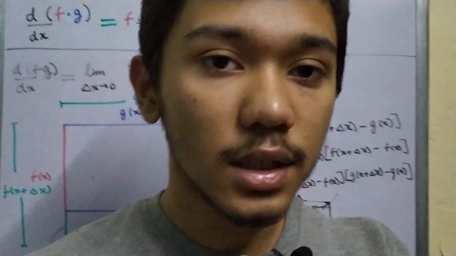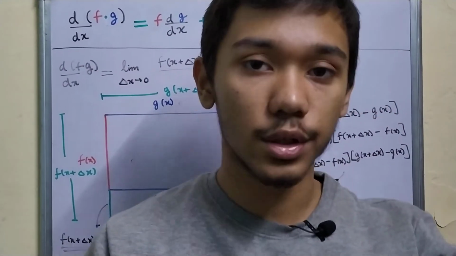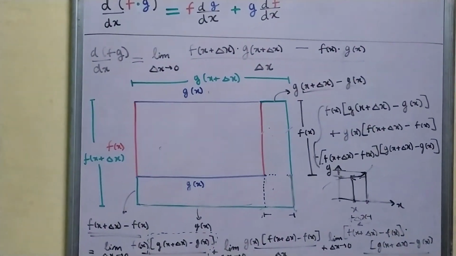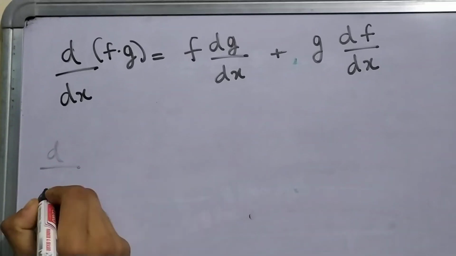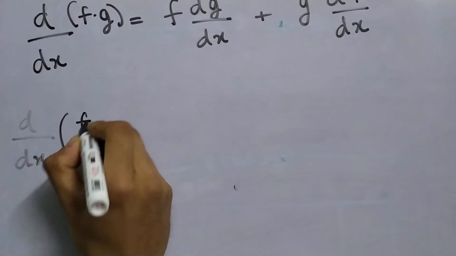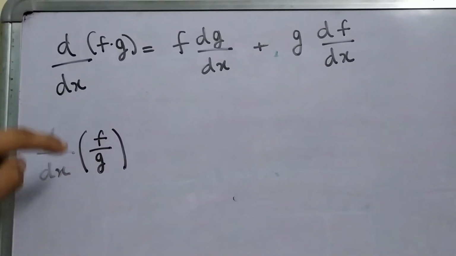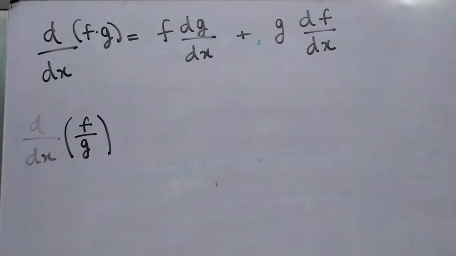Now, using this product rule, you can also derive the quotient rule. Let's see what happens. This is what we have proved, and we need to find the derivative d by dx of f upon g. So we have a numerator and a denominator. Now this is quite trivial.